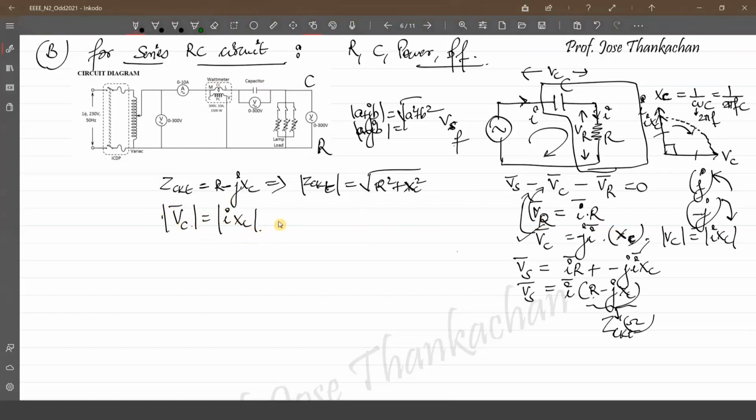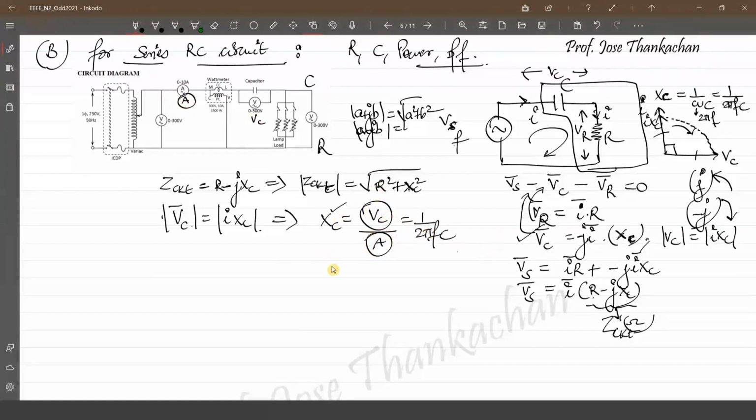If I want to write down XC, it can be written directly as the voltmeter value. If I say this voltmeter is VC, then VC divided by the ammeter value, this is ammeter A, will directly give you XC. And XC, I have already told you, is nothing but 1 by 2 pi FC.